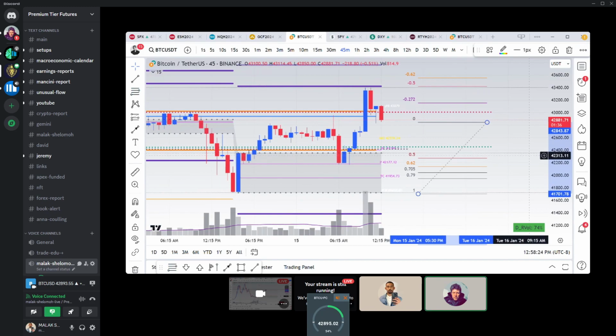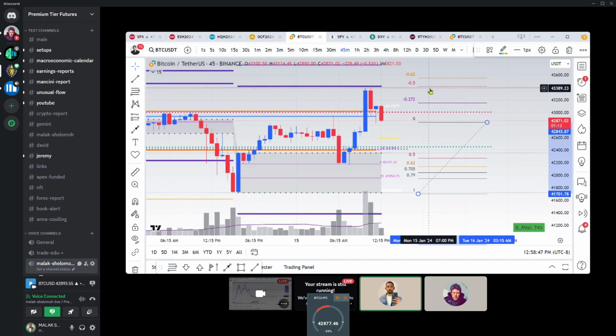I'm running a Fibonacci on the move today, and you can see it was exactly 62% when it pulled back to the daily pivot. And then it went up to 1.272, to the 50% extension, the 150% extension, which happened to be R1 on this calculation.